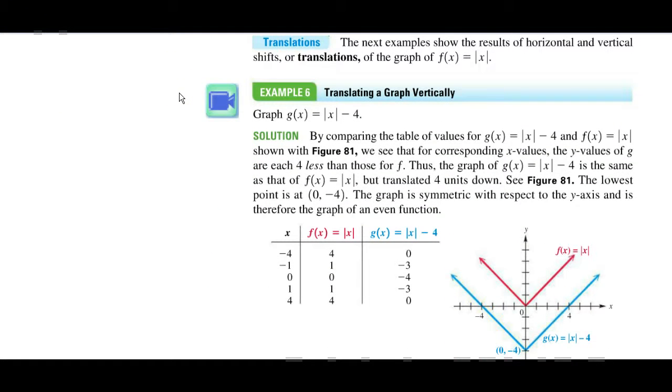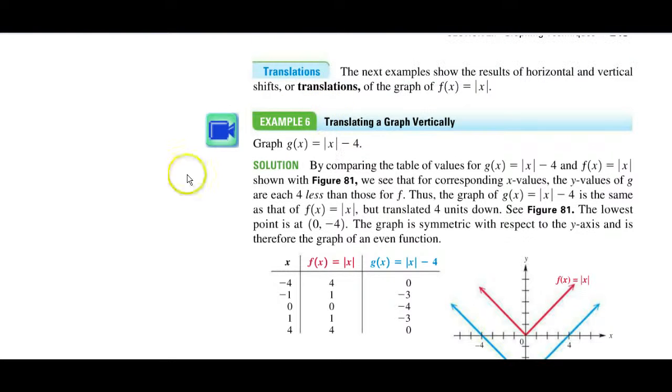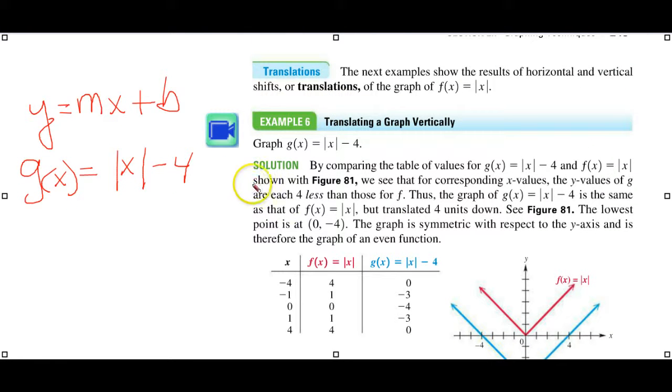Okay, we're now going to do what is called translating a graph vertically. Looking at the absolute value that we had earlier, and keeping in mind here that in our slope-intercept form, once again, what did we say this is?